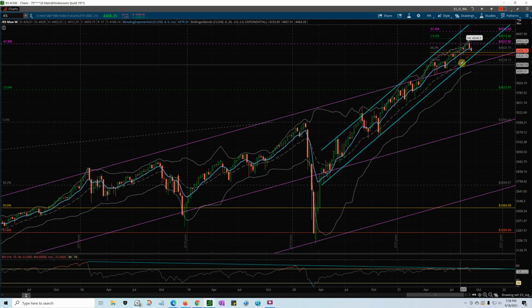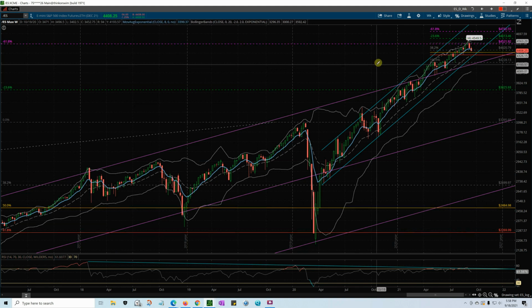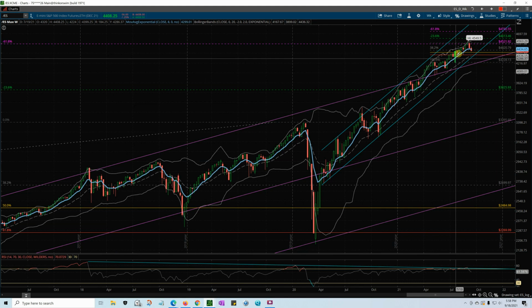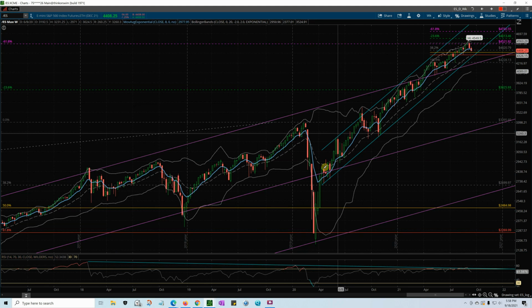And these 618 targets are critical on the weekly time frame, and we have seen a reaction. So, is this all the acceleration channel we're going to get? Is this a complete wave 5 structure here, a 5 of 5, or is this a 1 of 5 and we're going to come back in? And so if we do come back in, what will be the anchor?